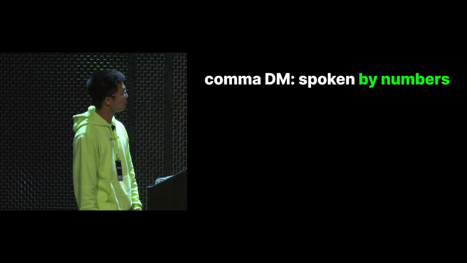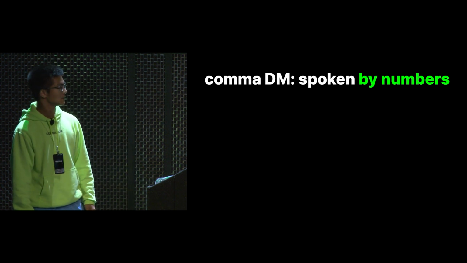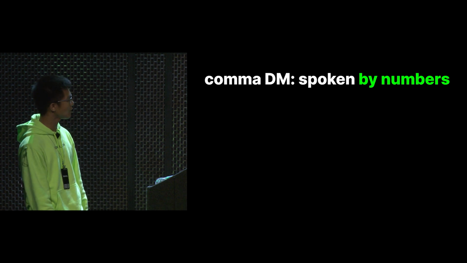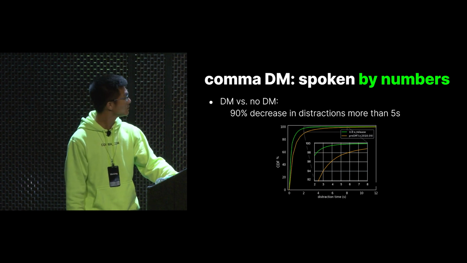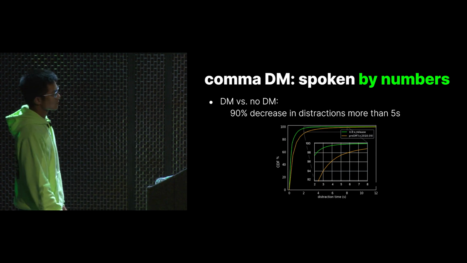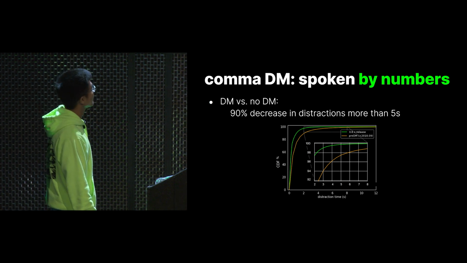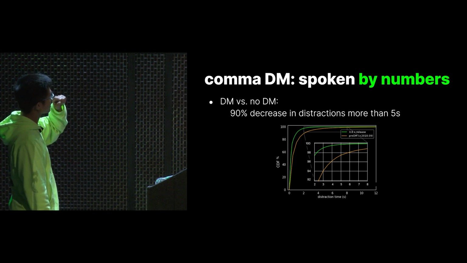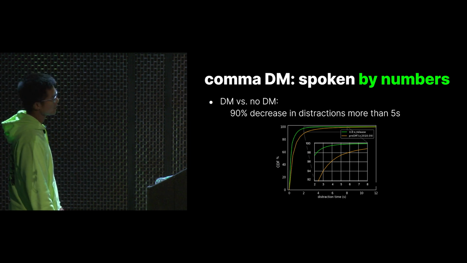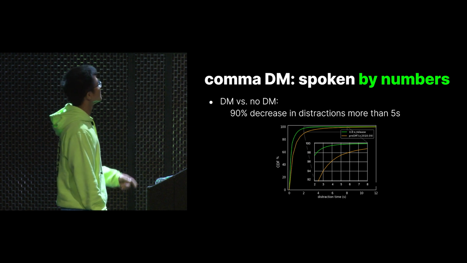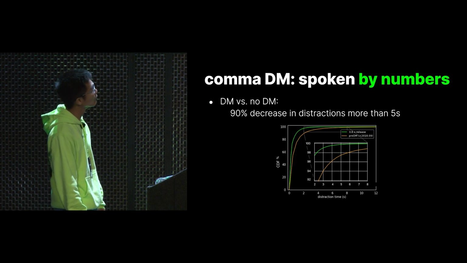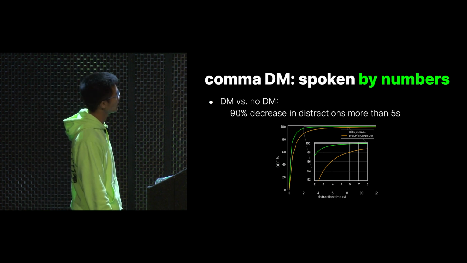Now that we have the problem in mind, let's fast forward and take a quick peek at what Comma DM has achieved so far by looking at some numbers. The first one is a comparison plot between having DM and no DM, showing the cumulative distributions of distraction durations between current data and the data we had before we shipped OpenPilot DM.